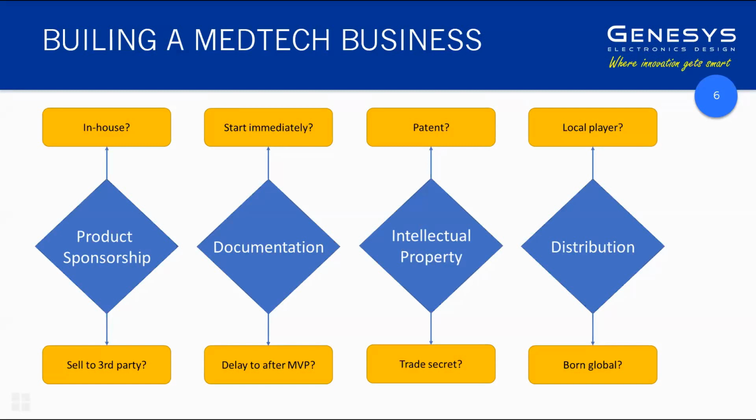Similarly with intellectual property, there is a big decision whether you are going to patent the product. Now, a lot of funding sources won't touch a product unless it's got patent protection, including government grants. But for some kinds of devices where first mover advantage is more important, it can be feasible to develop it as a trade secret.